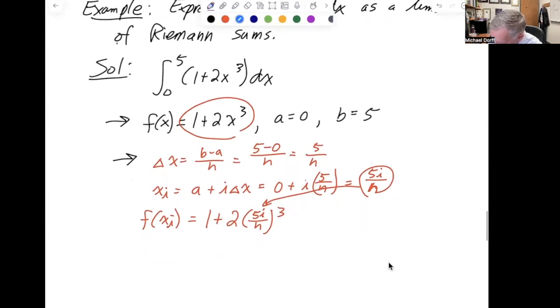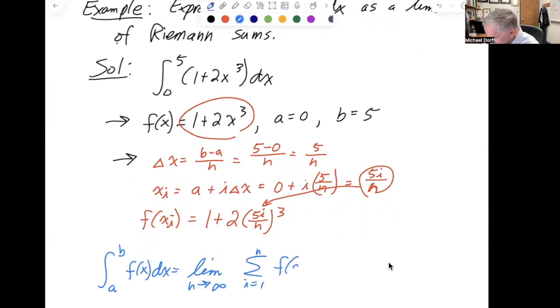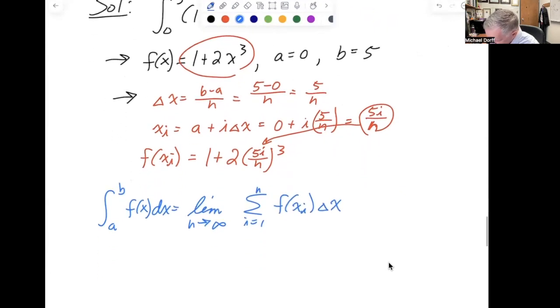All right, so then using the definition, we know again that the integral from a to b of f of x dx equals the limit as n goes to infinity of the sum i equals 1 to n of f of x sub i delta x. So in this one, we have 0 to 5 of 1 plus 2x cubed dx. That's going to equal the limit as n goes to infinity of the sum i equals 1 to n.